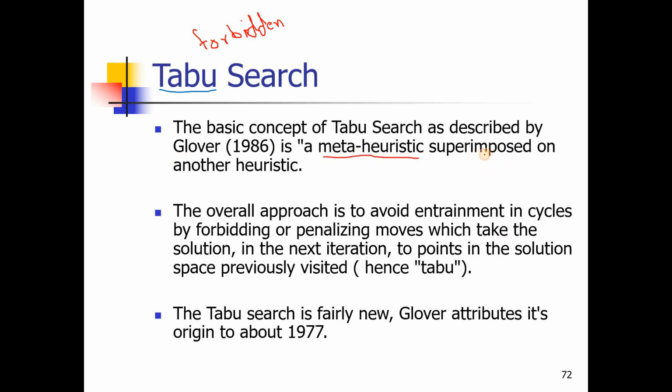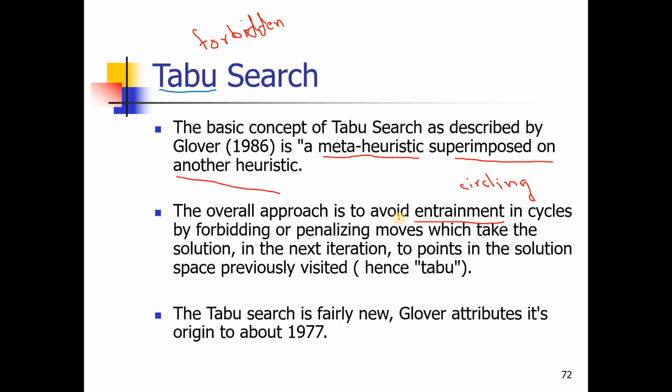I will come back to the meaning of this sentence. First, I will show you the approach. The overall approach is to avoid entrainment. Entrainment means circling. So the overall approach is to avoid circling in cycles.